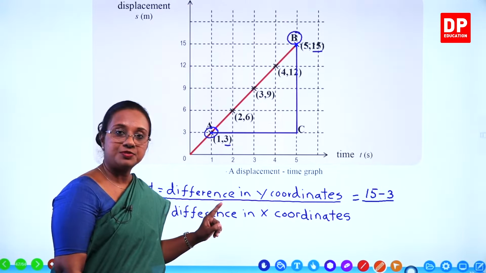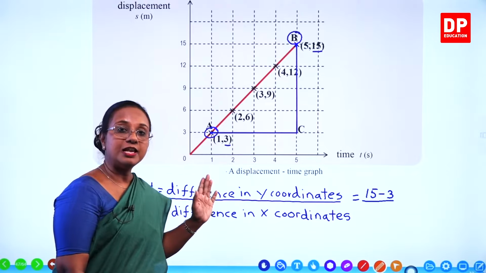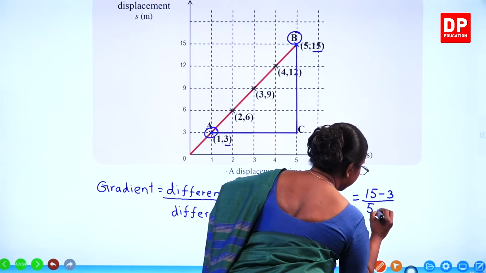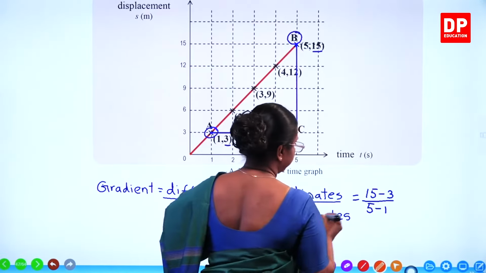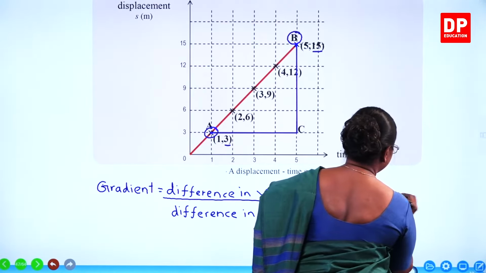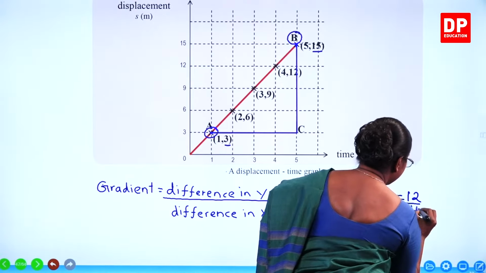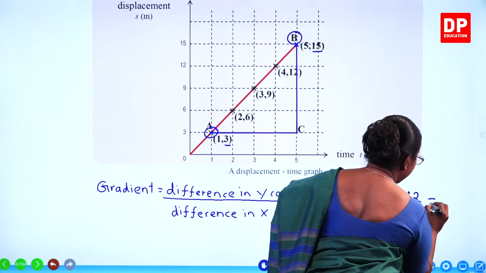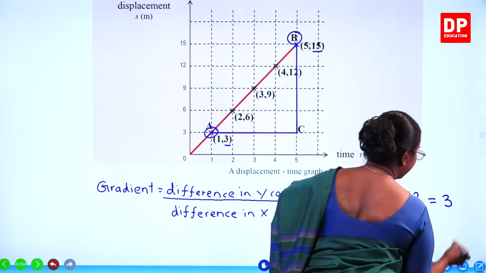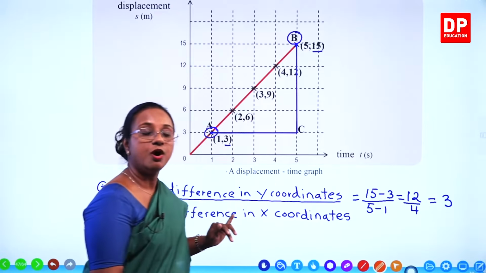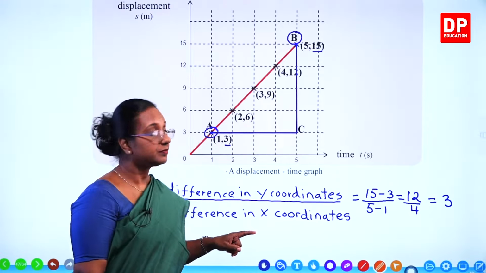Always we subtract the lower value from the higher value. So 5 minus 1. This will be 15 minus 3, 12. 5 minus 1, 4. When you divide 12 by 4, we get the value as 3. That is the magnitude of the gradient.